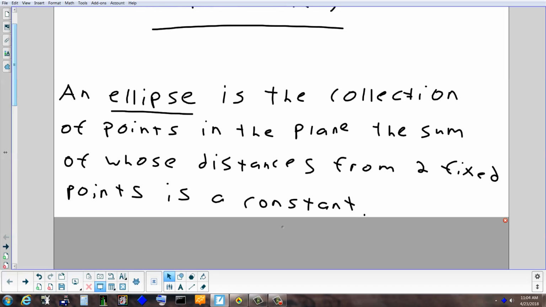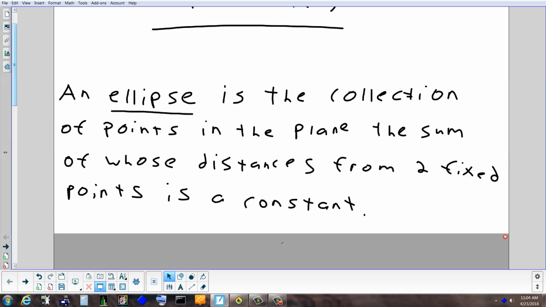Okay, so in an ellipse, you've got 2 special points. And if you measure the distance from the edge of the ellipse to both of these special points, add those distances together, you will always get the same number for a specific ellipse. Okay, so let me show you as a picture.